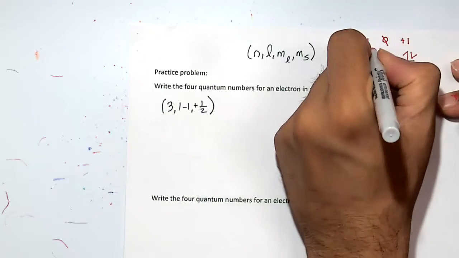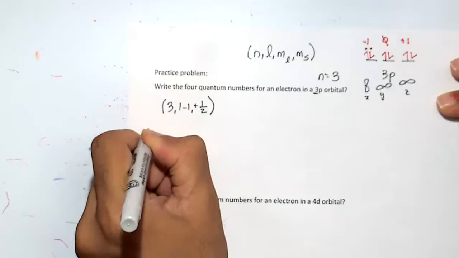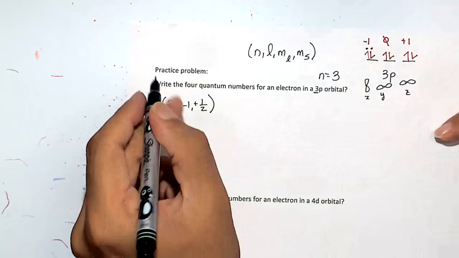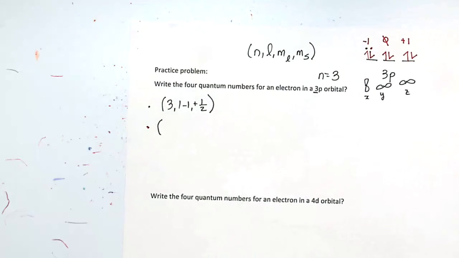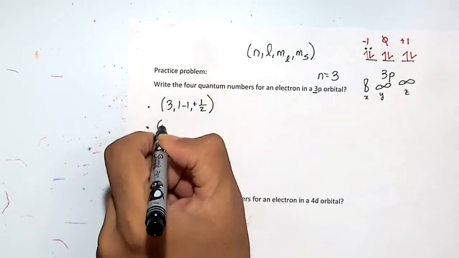How about this one with the red dot? What's the principal quantum number? 3.